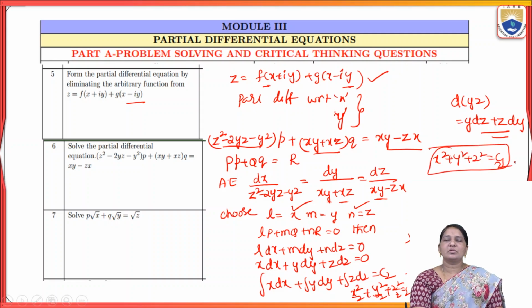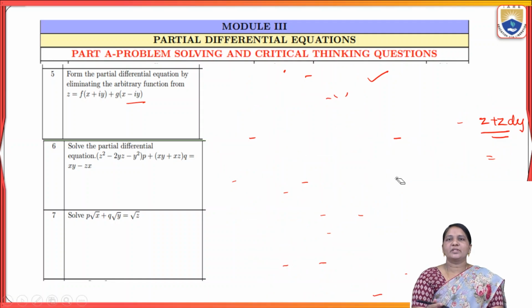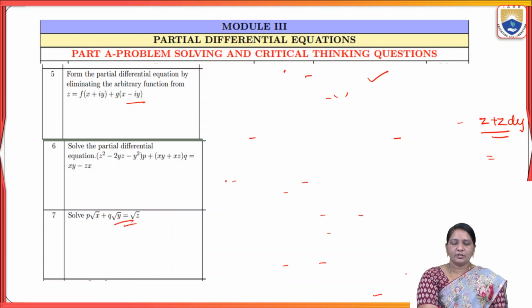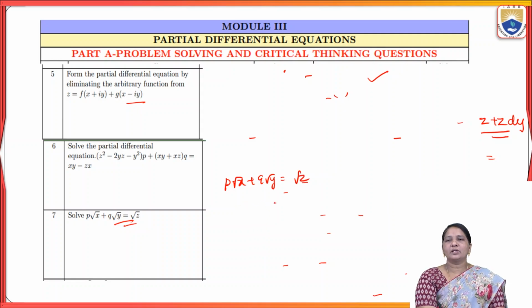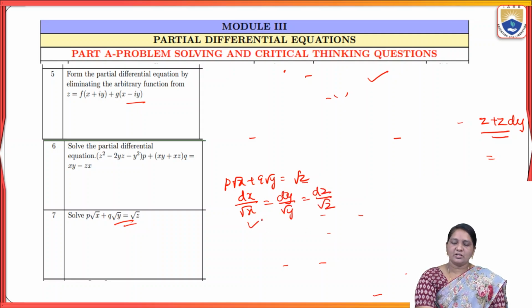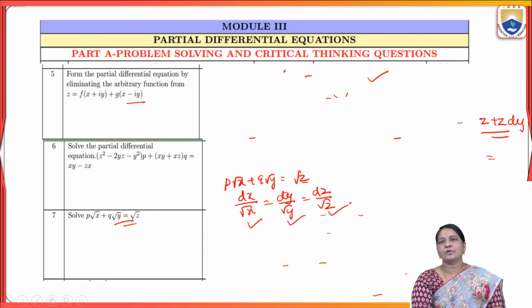So already we got one solution from the method of grouping. Now this is from the method of multipliers. For the seventh question, we can see p root x plus q root y equal to root z. Here we can compare with Lagrange's linear equation. We write the auxiliary equation: dx by root x equal to dy by root y equal to dz by root z. Here we can get 3 solutions from the method of grouping, so we can select any 2.